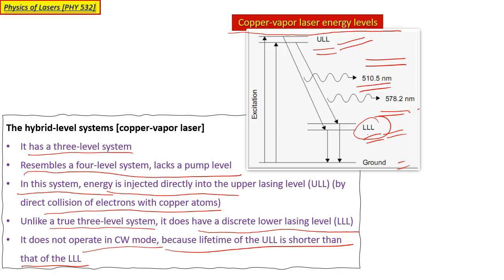You can see 510.5 nanometers and 578.2 nanometers. The lifetime of the ULL is shorter than that of the LLL, so this is one of the reasons it cannot be operated in CW mode. It has to be in pulse mode. The atom goes to the ground, is pumped again, and then comes back.